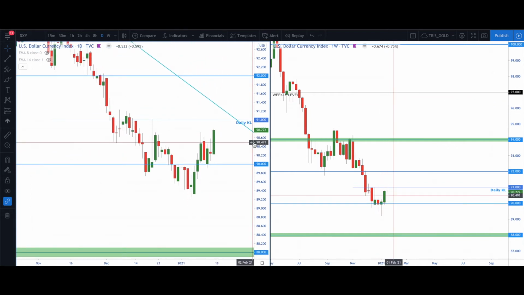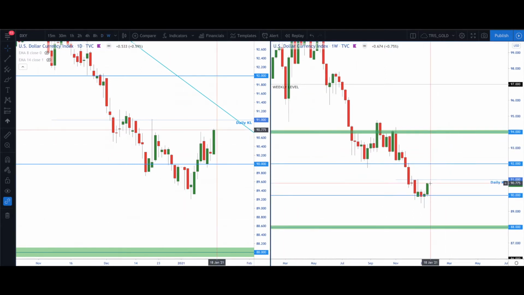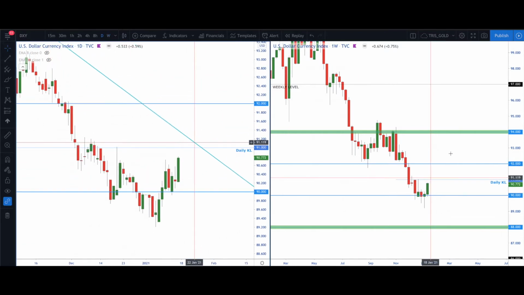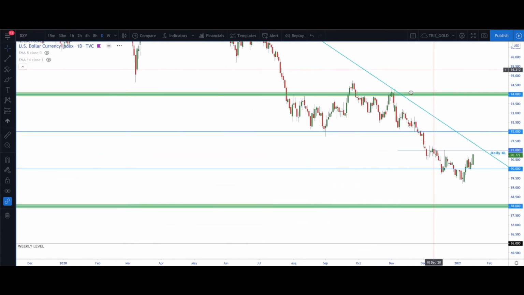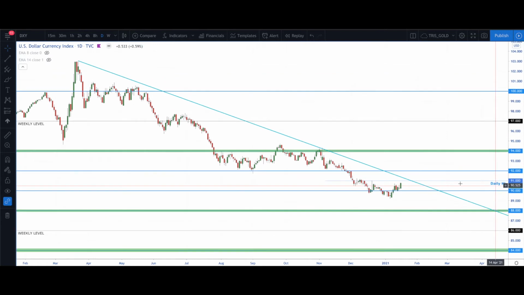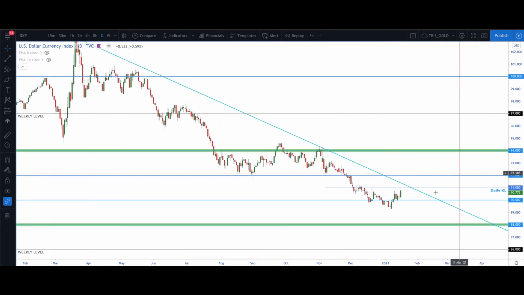So this is very interesting for this week, because if you look at the US dollar, if this momentum can sustain and continue pushing up, potentially up to this trend line here. If I expand this chart, you can see a trend line forming on the daily chart, guiding the price on the way down. And then you can see price is now coming up towards this trend line once again.